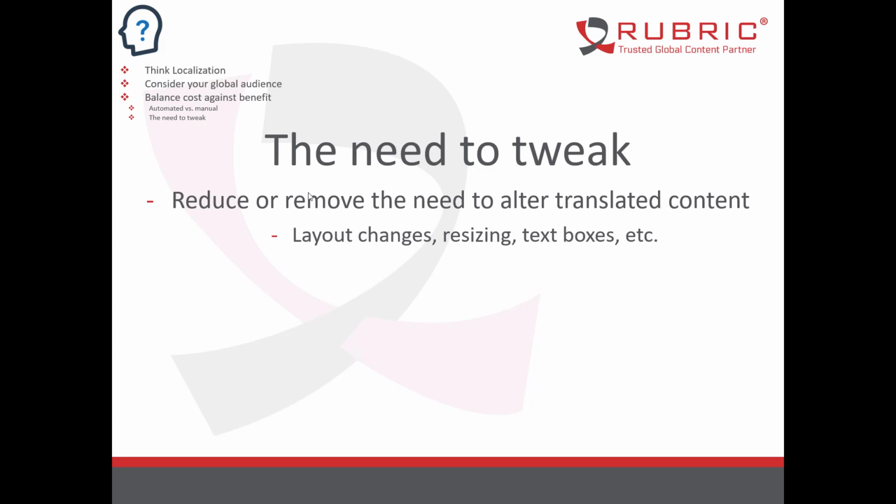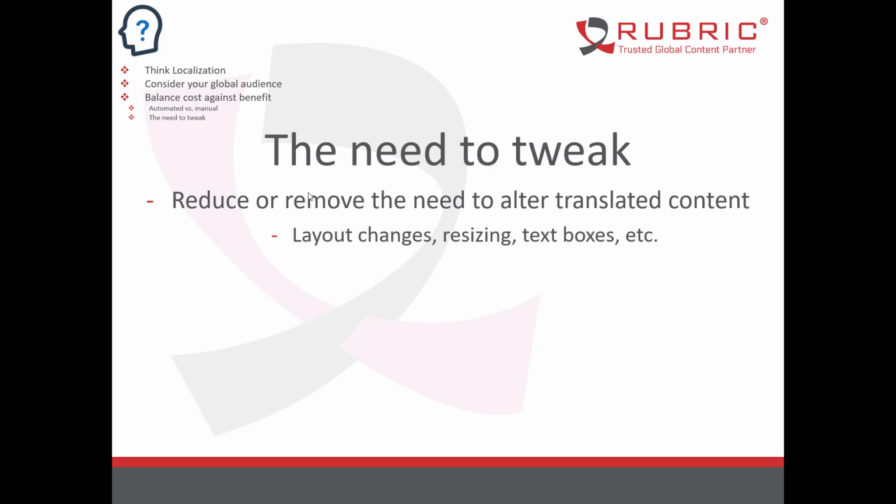I can share an example of a client of ours who changed their instructional design tool from one that created content within fixed screen dimensions, fixed parameters, to a tool that created dynamic scrolling content that resized automatically to fit the user's screen size. This meant that there was no need for this manual tweaking. Everything was done dynamically, all of these layout changes. Font size was changed, text boxes were resized, and so on.